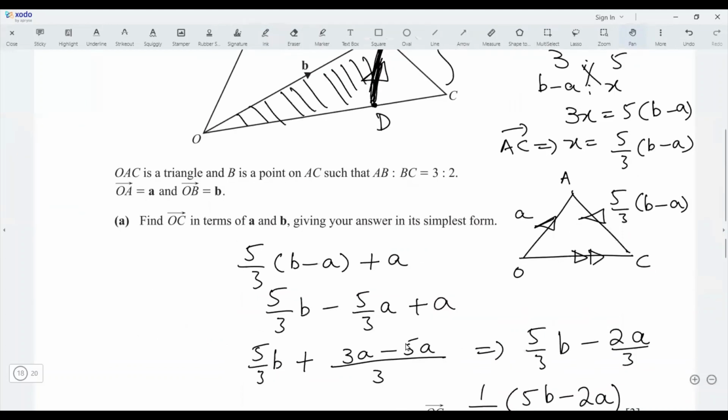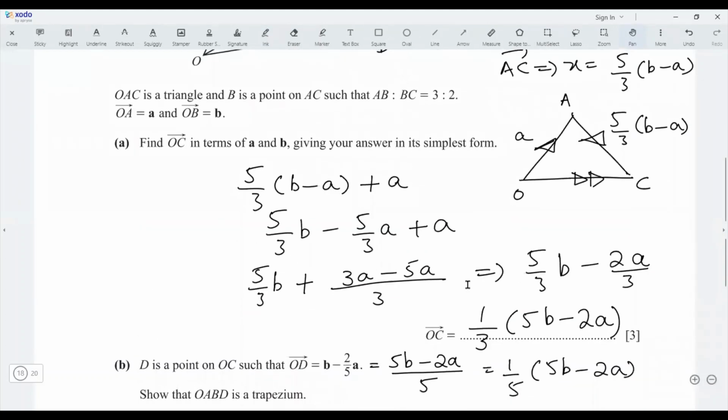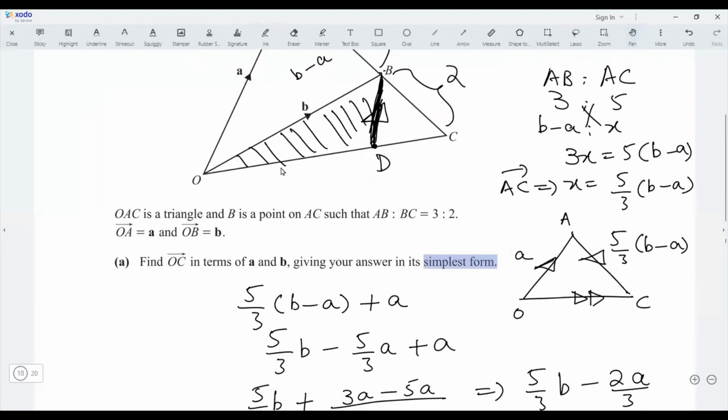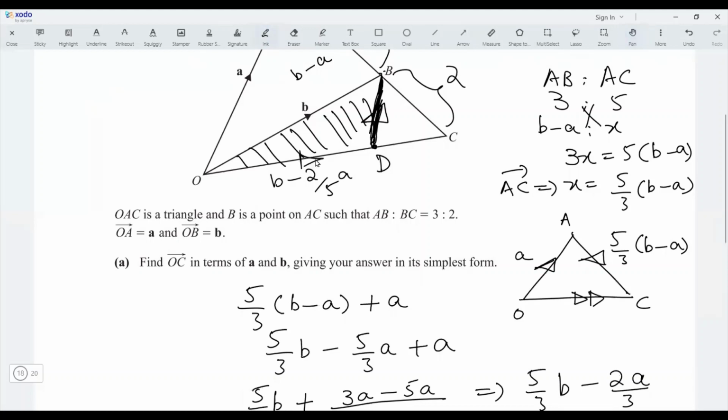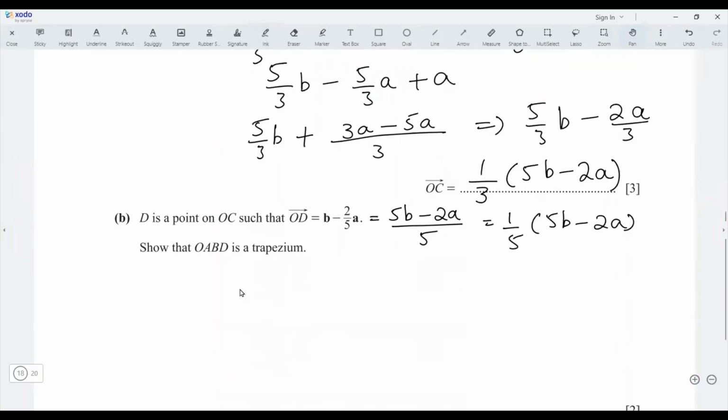It's given here: b minus 2 by 5 of a, and I know the b vector as well. So head and head of b are joining, it's positive. So head of D and resultant tail is joining, so it will be negative. So b minus 2 by 5 of a.